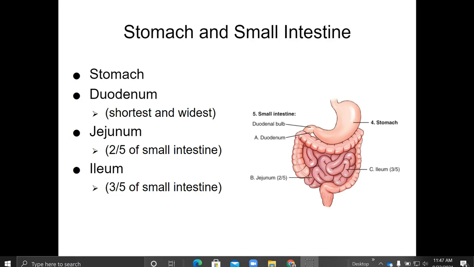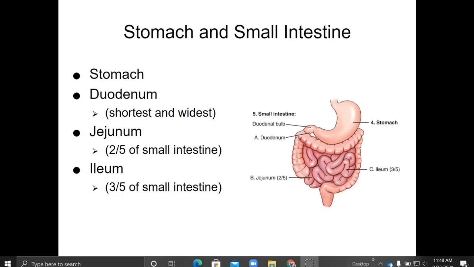The size and shape of the stomach vary depending on the volume of its contents, so how much is in the stomach can affect its size, and on the patient's body habitus. Gastro is a common word you may hear which refers to the stomach, and actually the Greek word gaster means stomach.